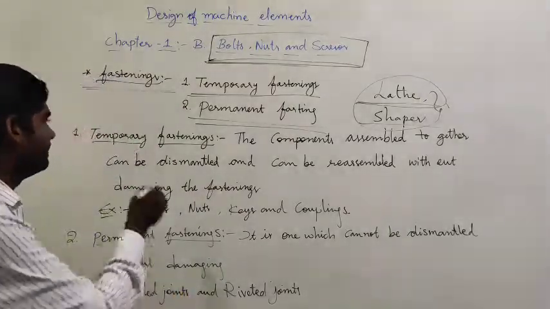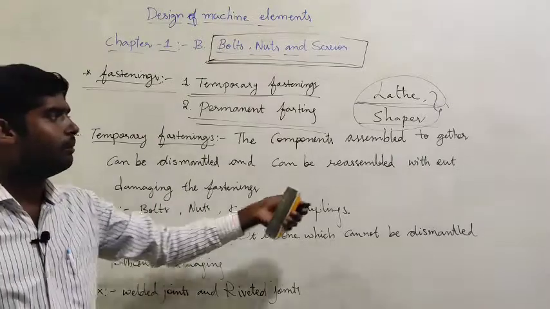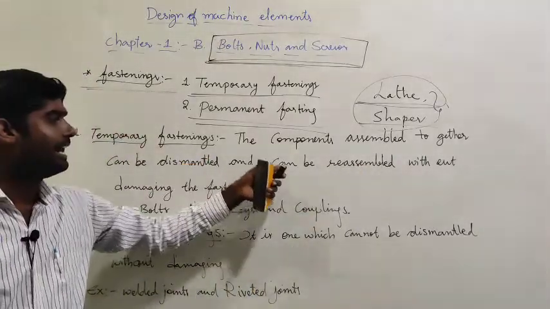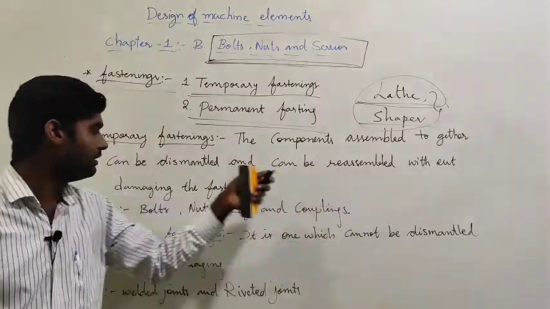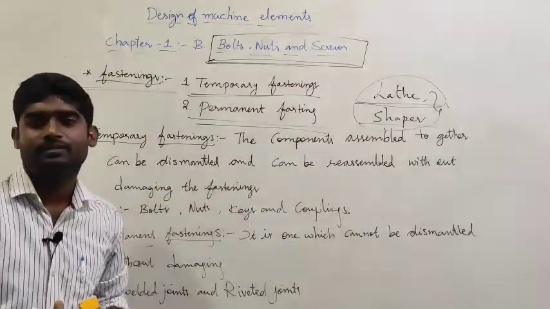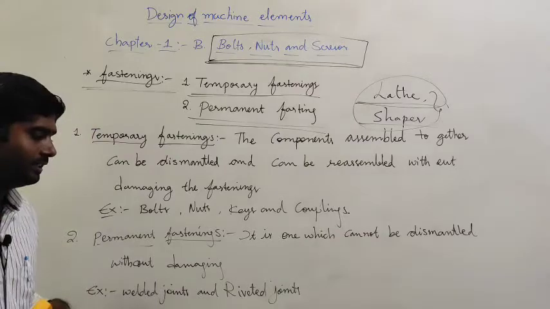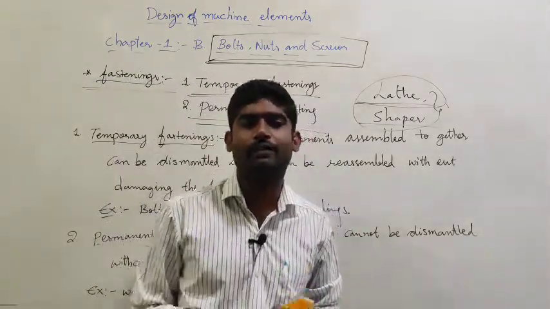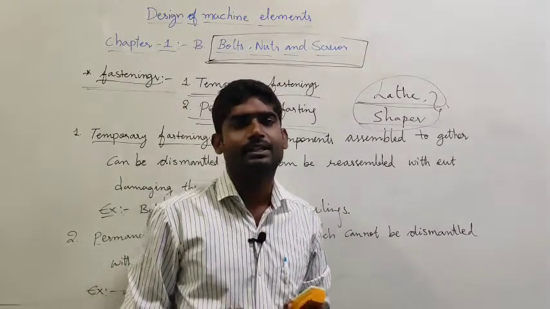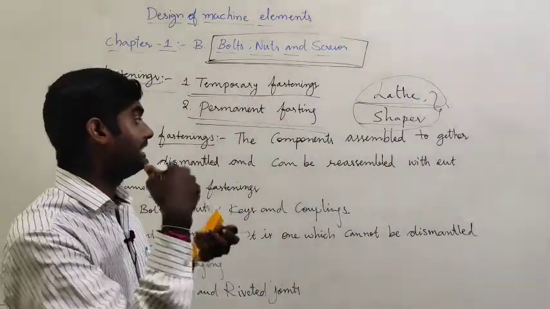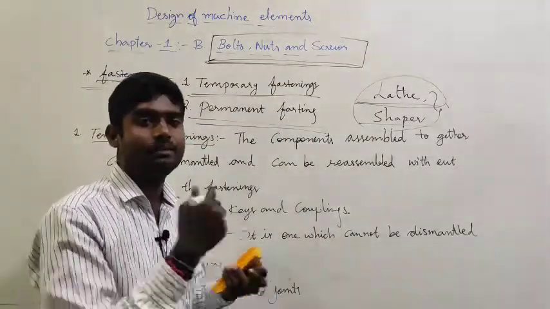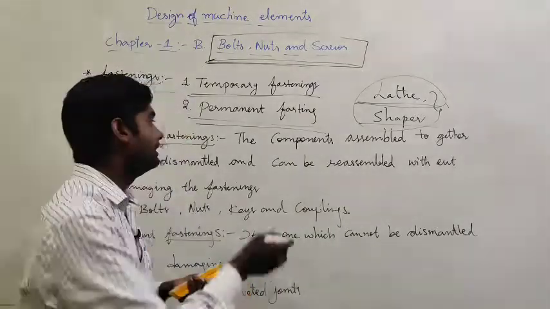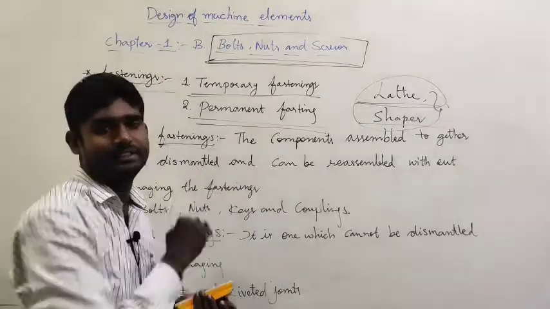Let's see. In temporary fastenings, the components assembled together can be dismantled and can be reassembled without damaging the fastenings. If we assemble two or more components, after dismantling the machine there is no damage. We use these temporary fastenings.